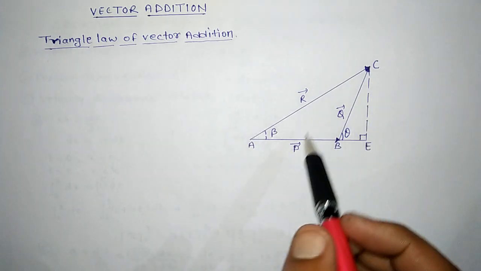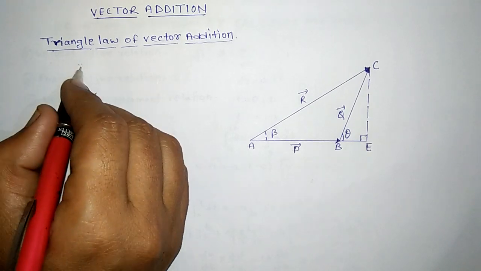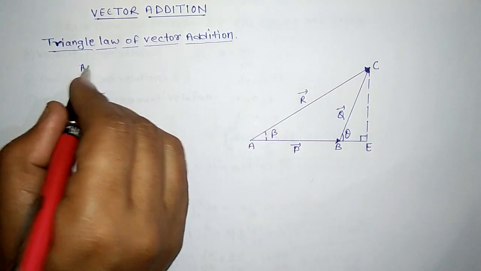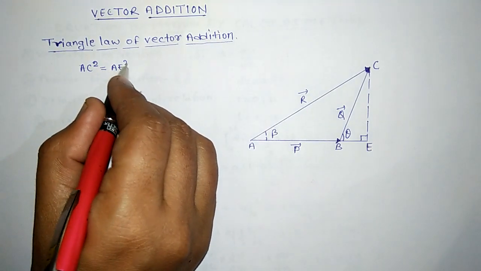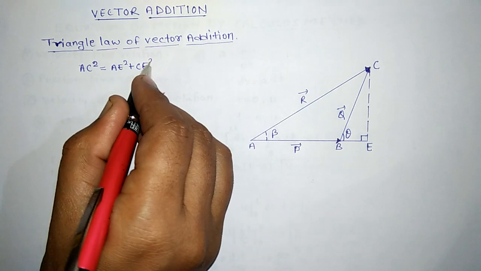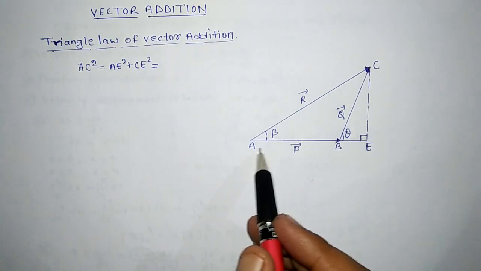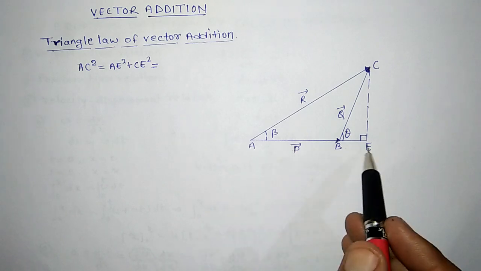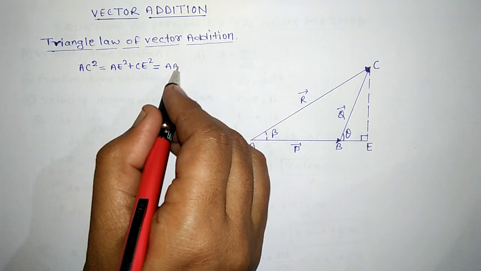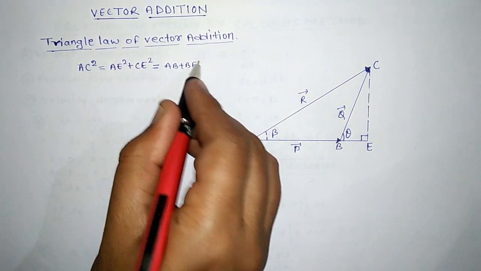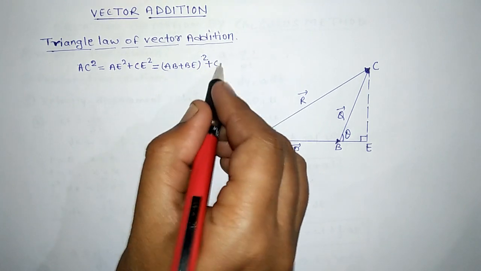in a right angle triangle we know from Pythagoras theorem AC square is equal to AE square plus CE square, which can be written as, from the figure we can see that AE is equal to AB plus BE, so it can be written as (AB plus BE) whole square plus CE square.